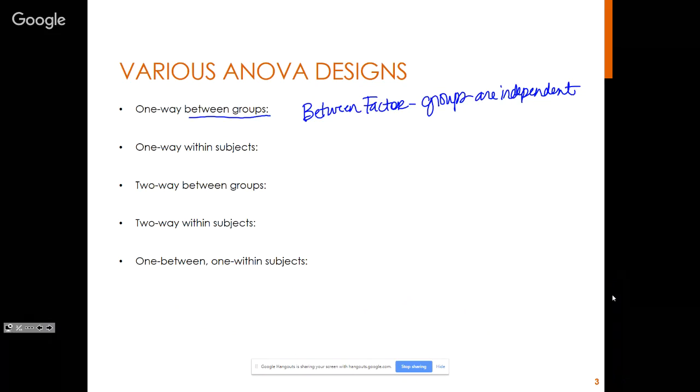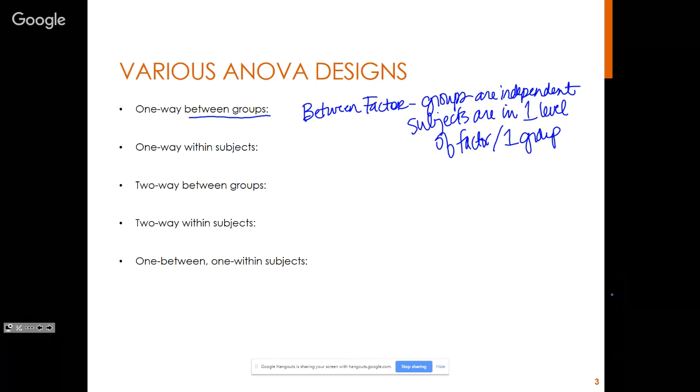What else could you say about a between factor or between groups design? So subjects are in one level of the factor, or we might say one group.